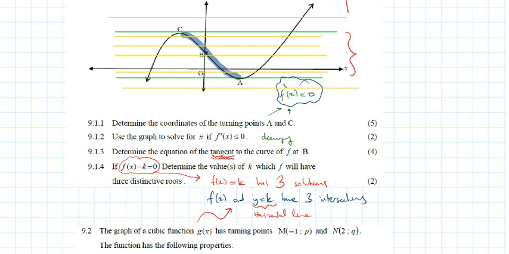So we have 3 intersections in between here. At the y coordinate of C and y coordinate of A, that's 2 intersections and 2 intersections. And then below A and above C, it's only 1 intersection and 1 intersection. That means 1 real solution, you can say.